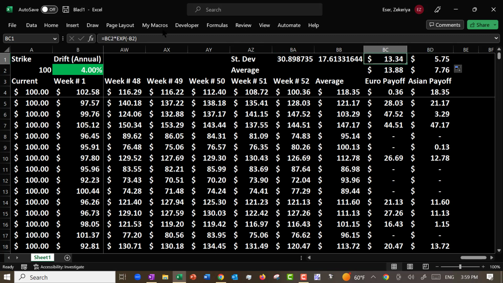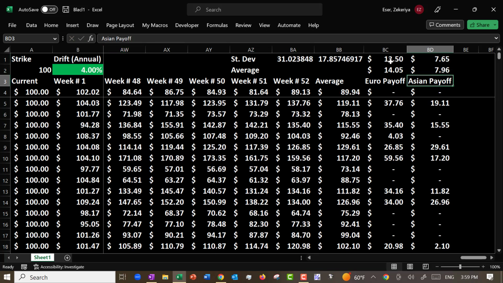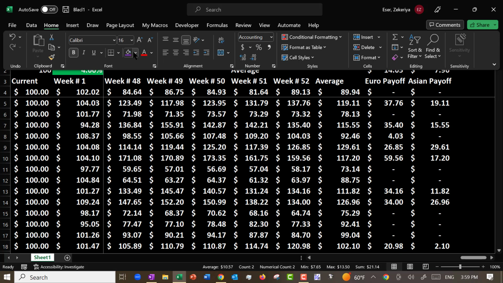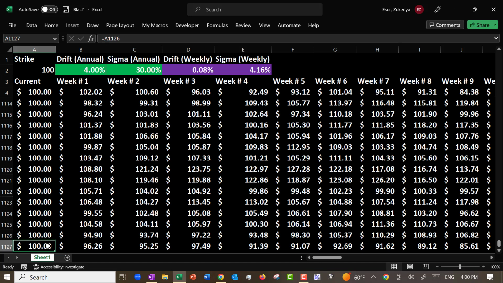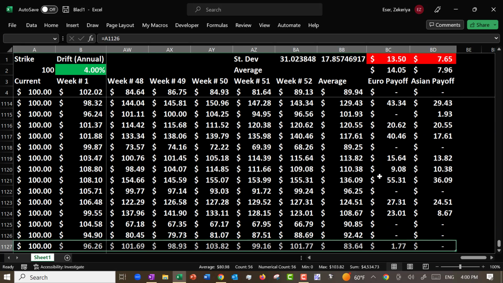Oh, I'm sorry. This should be B2. You see how cheap it is. If you want more replications, all you have to do is take these.